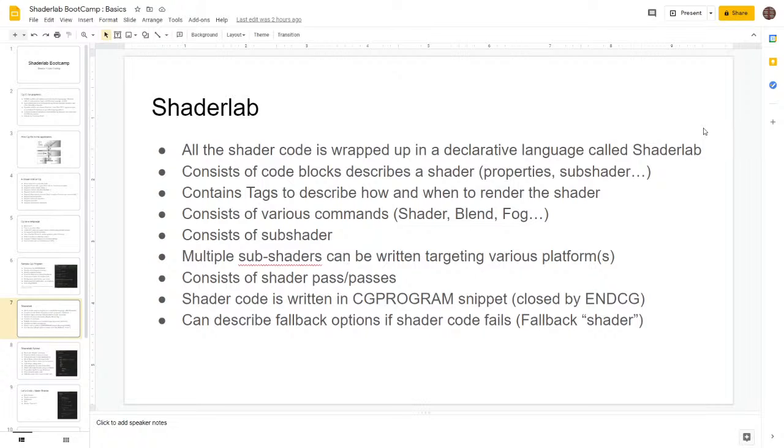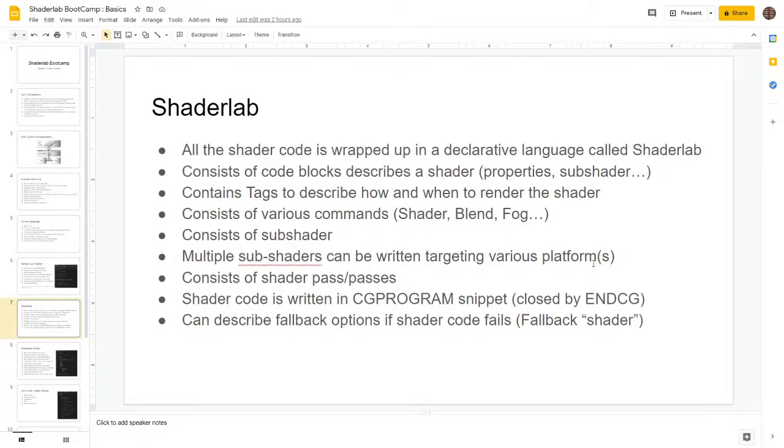Let's say you write a pass which outputs red color, and another pass which outputs green color. Then you do a blending operation with the blend command. Depending on the blend operation, let's say addition, it will make it yellow. As simple as that. So you can write multiple passes. A very basic example of such a shader is a blur shader: do a horizontal blur, take the output, do a vertical blur, and then pass it on.